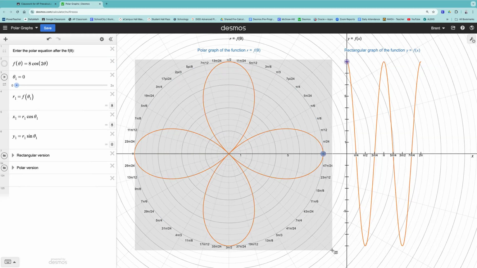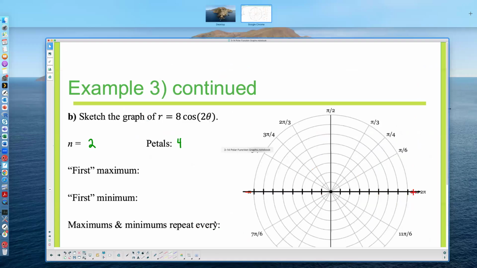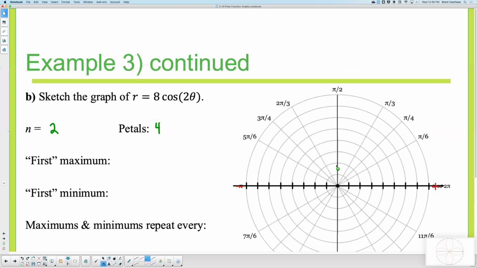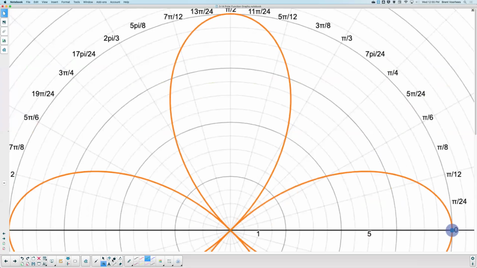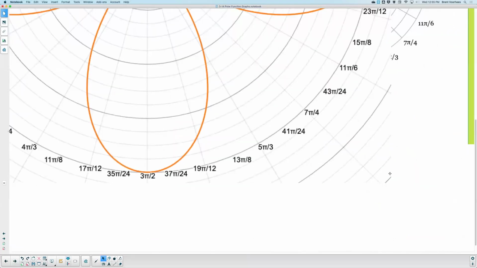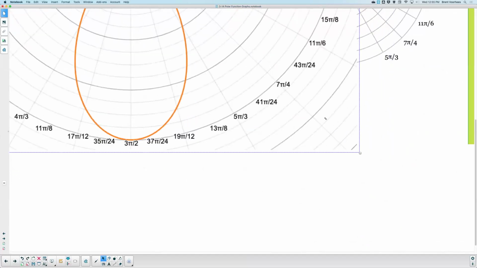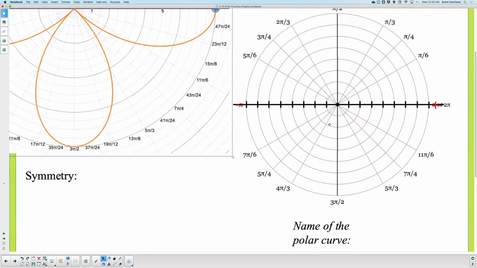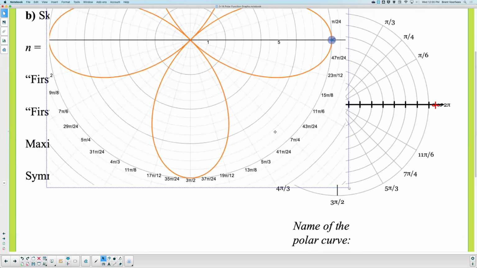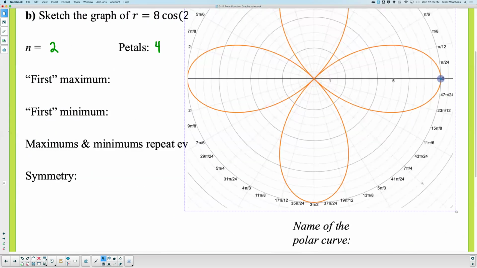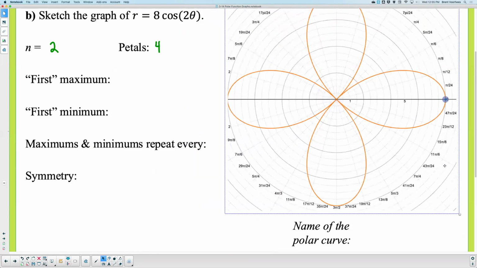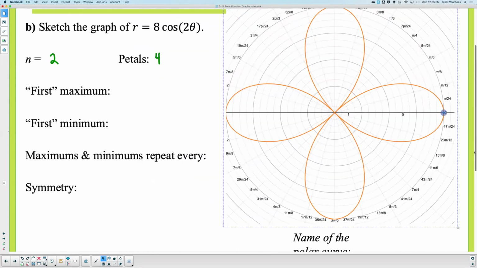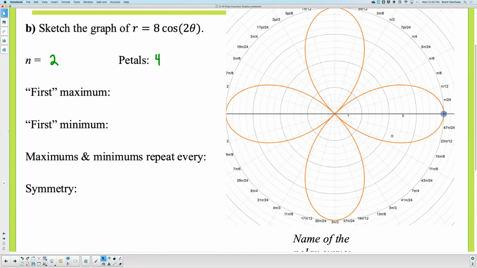Even n values, it takes a full 2 pi. Odd will only take 1 pi. And that's just because mathematically, when you do the calculations I did earlier, when they would overlap and when they don't. It's just the math, how it works out. Even versus odd. Okay, there's our graph. So the first maximum, where does the first maximum appear to occur?